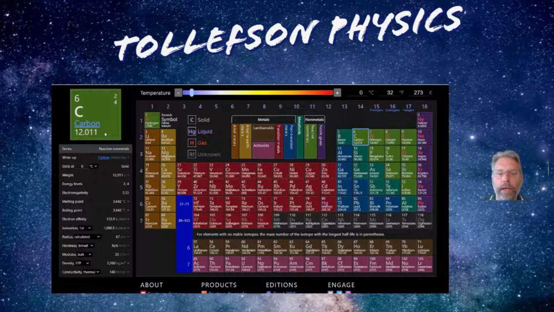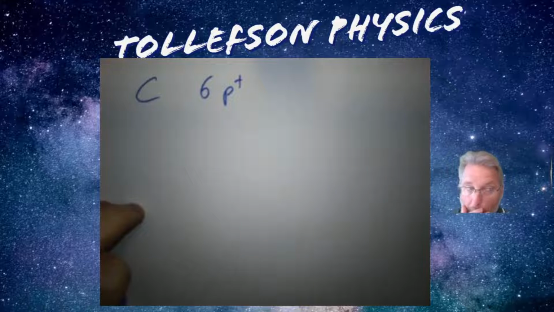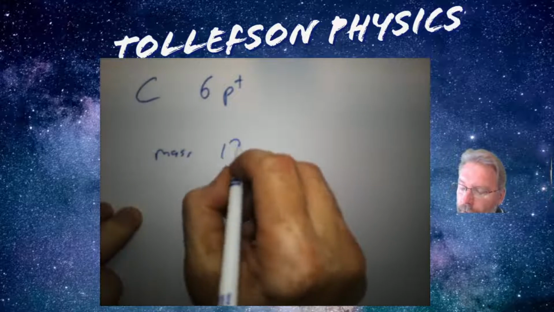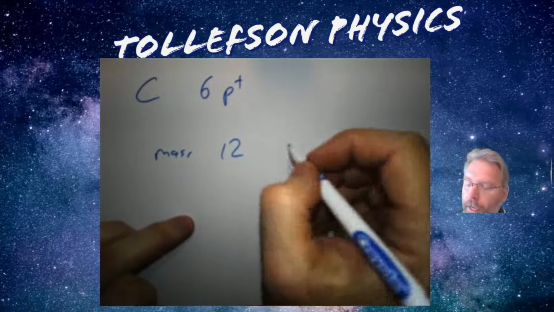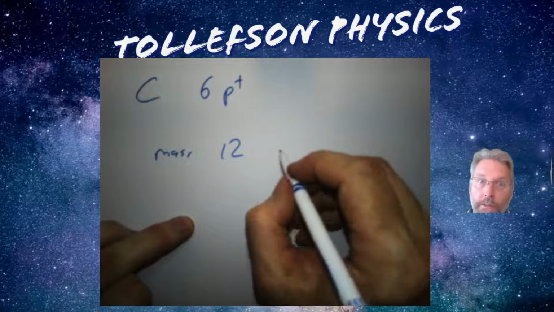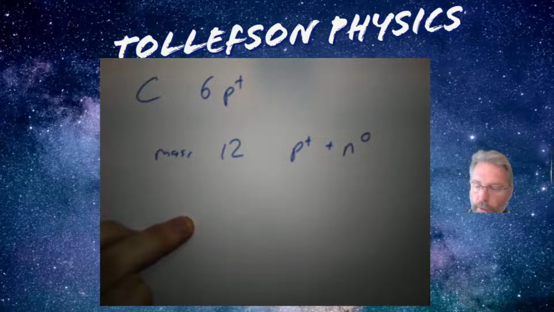So now this is a case where we have to figure out how many neutrons and protons are in the atom. Carbon has 6 protons. Now, its mass is 12. When we look at atomic mass, we're thinking about protons plus neutrons.